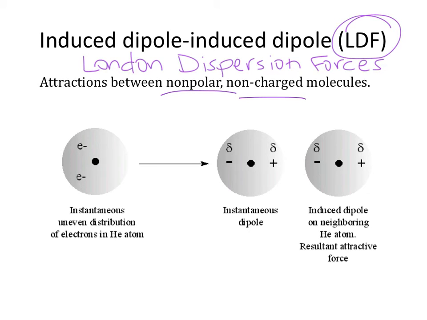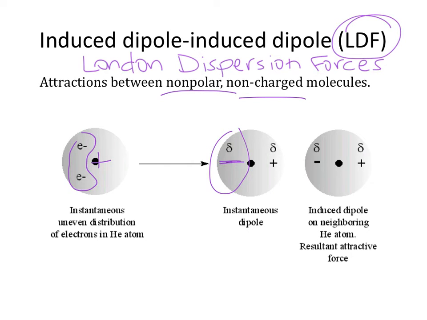So, for example, we have these electrons that are kind of floating randomly around this positive nucleus. And at some point, the more electrons you have, the more likely this is to happen. Let's say the electrons end up only on the left-hand side, which will cause the left-hand side to be partially, temporarily negative.